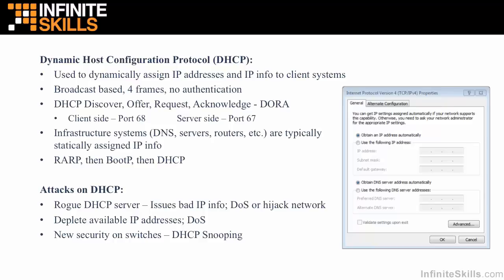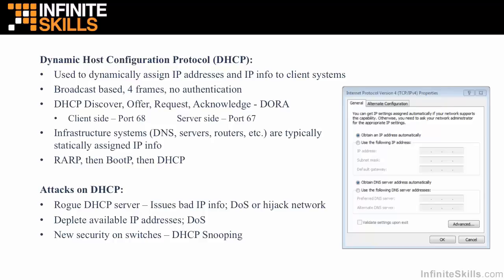So we could use the lower radio button to statically input each of these parameters if this were perhaps an infrastructure system. However, if it's a DHCP client, we'll use the upper radio buttons that say obtain an IP address automatically and obtain DNS server address automatically. That says this is a DHCP client.